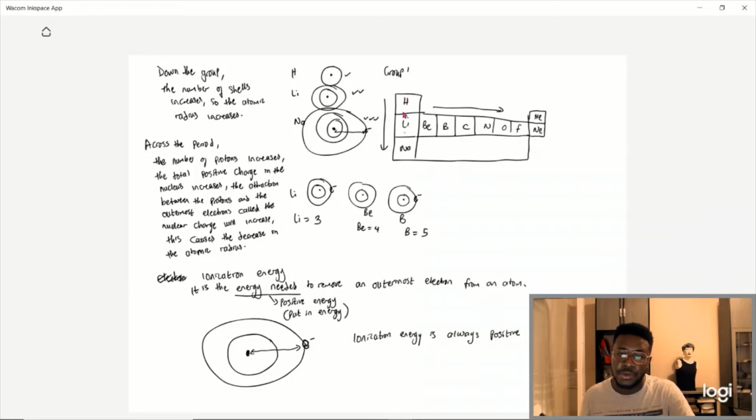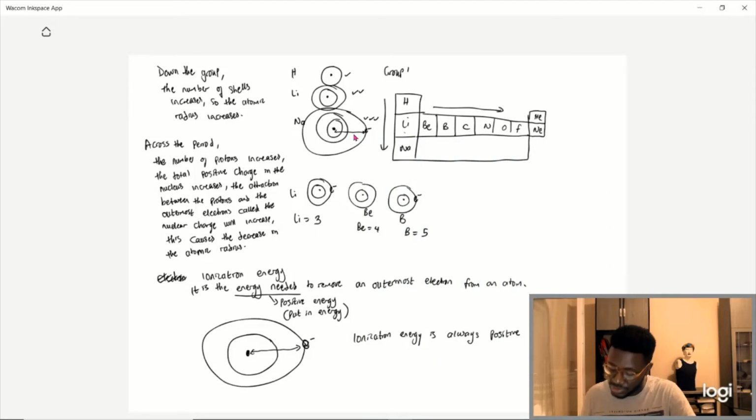Now let's discuss how it changes in the periodic table. When you're going down the group, you're having more and more shells. The distance between the nucleus and the outermost electron is increasing. So what does that mean? It means that the nucleus is far away from the outermost electron. So this attraction is weaker, so the energy required to break it is less. So down the group, the ionization energy is going to be reduced because you need less energy to break this attractive force.